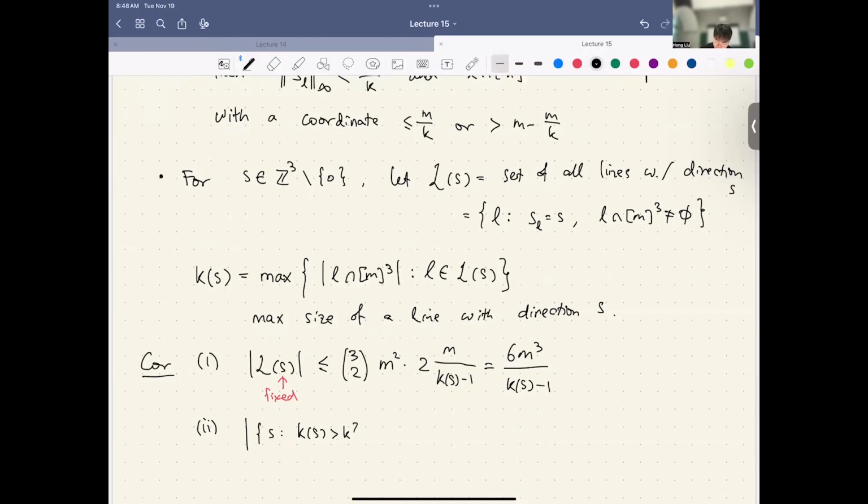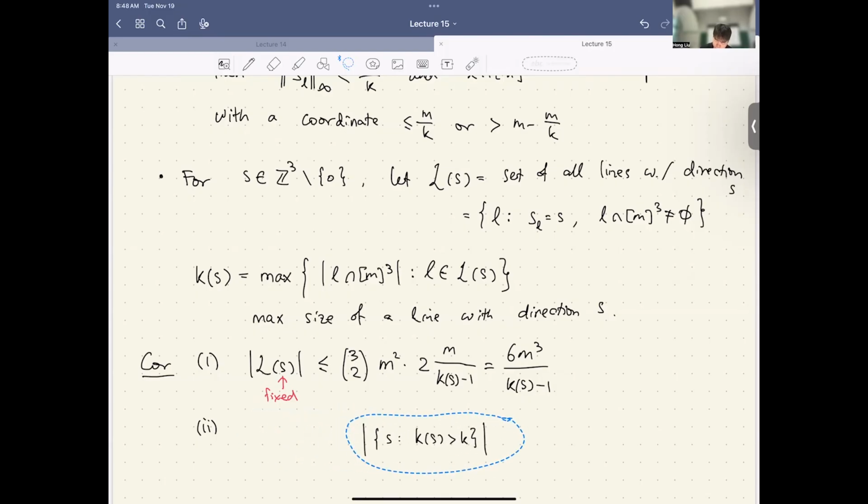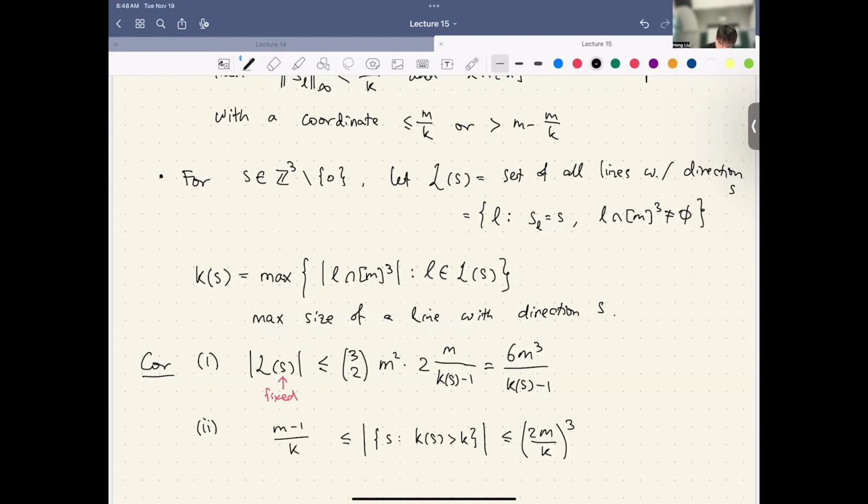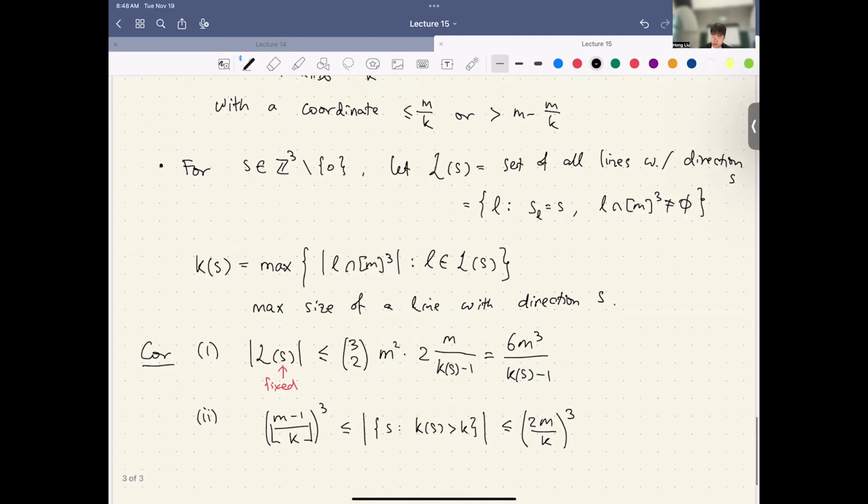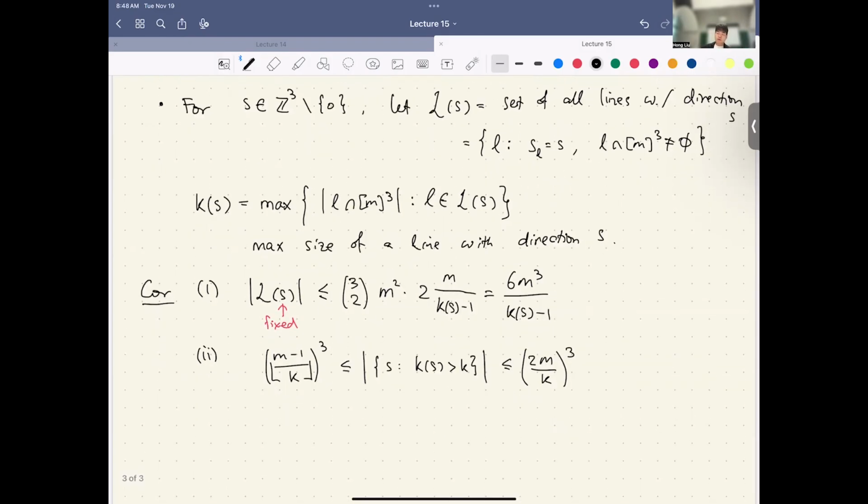There are not so many of them. This is at most 2m over k cubed, or at least m minus 1 over k cubed. Maybe there's a floor. Okay. Roughly m over k cubed.